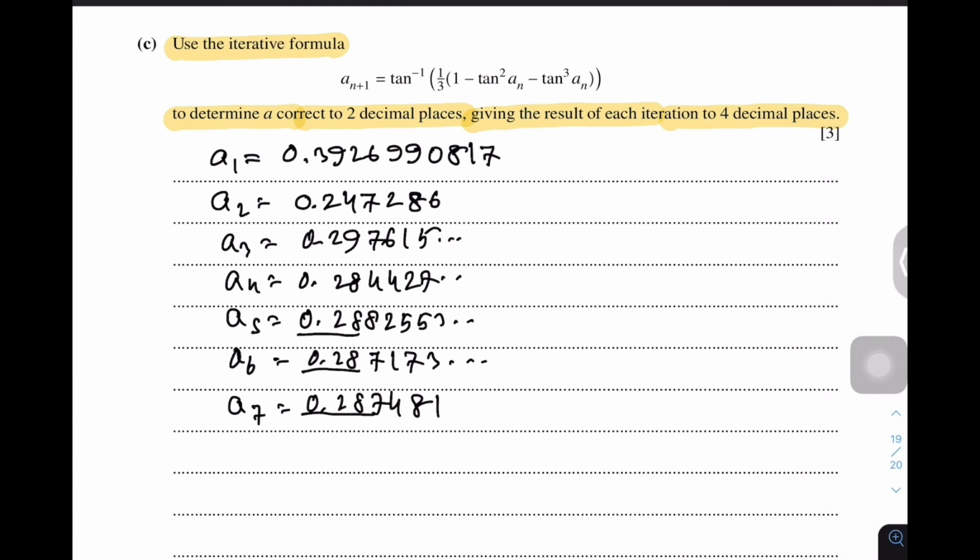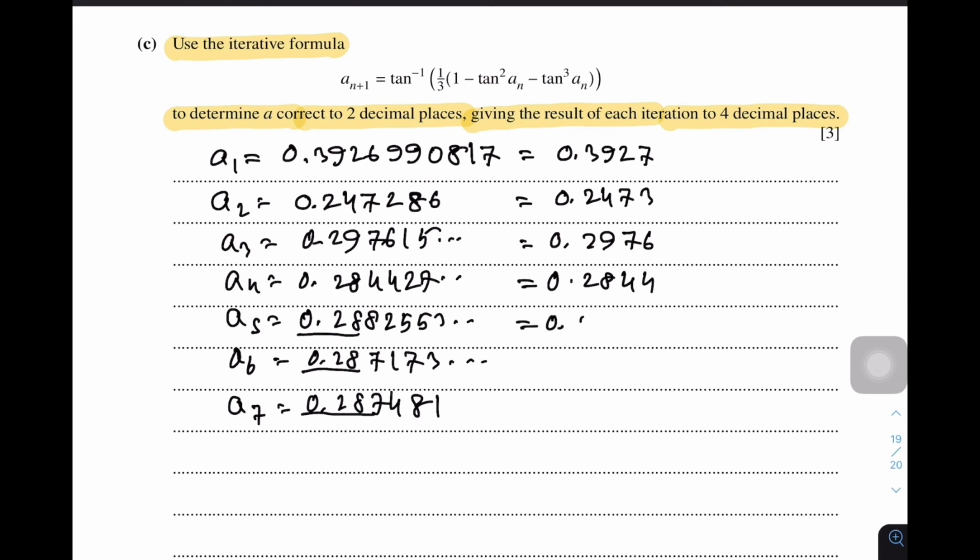So let me end this iteration process. 0.3927, 0.2473, 0.2976, 0.2844, 0.2883, 0.2872, 0.2874.